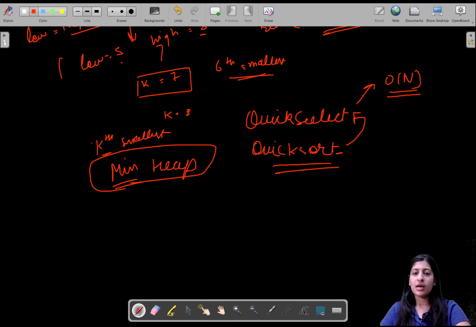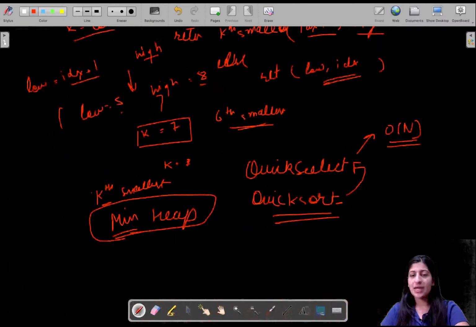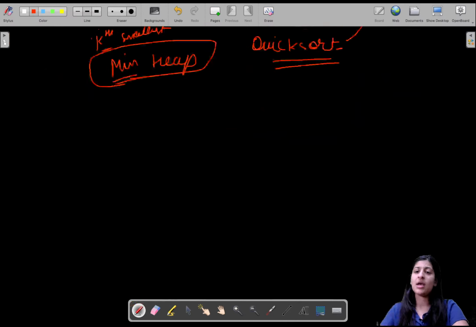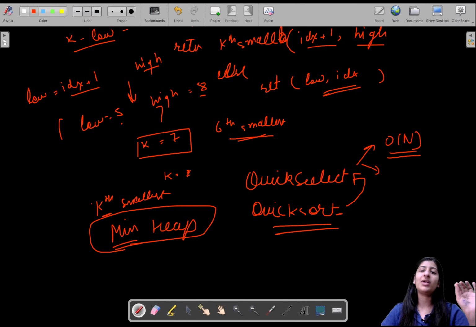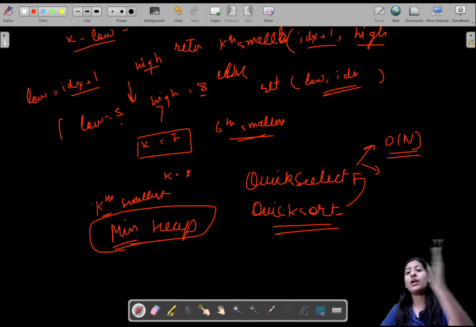Because even though we are making recursive calls, at max it goes over all the elements only once. The worst case time complexity is when we choose a pivot element that is extreme, either the smallest element or the element we are trying to find, such that we find it only by the end of all iterations.